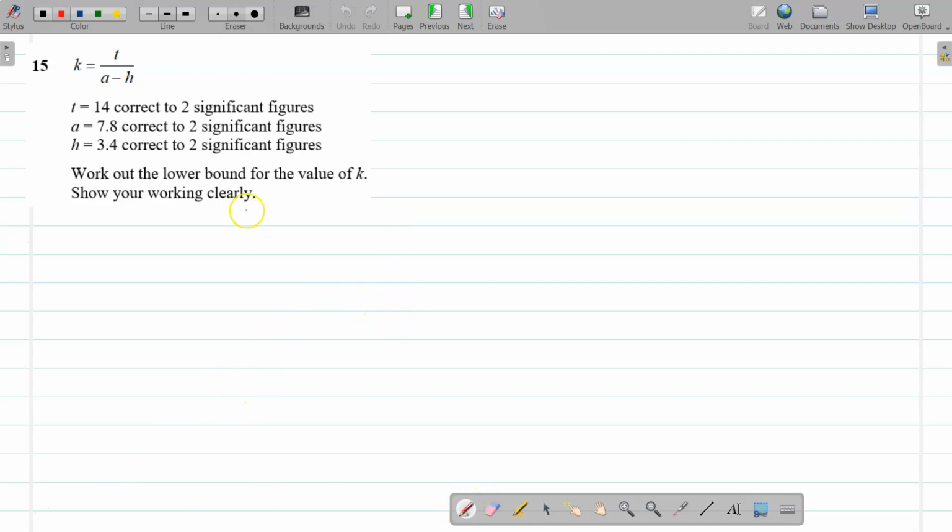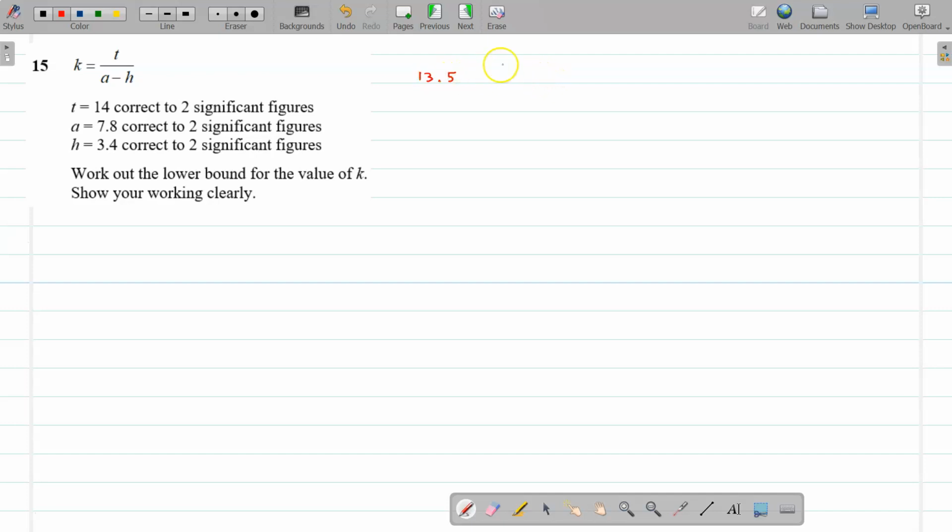Now this is a really interesting question on upper and lower bounds, and what I'm going to do here to get all the marks for a question like this, show clearly the upper and lower bounds of each part. Okay, so for the value of t is 14 correct to two significant figures, so that means that it could have come from 13.5 up to 14.5.